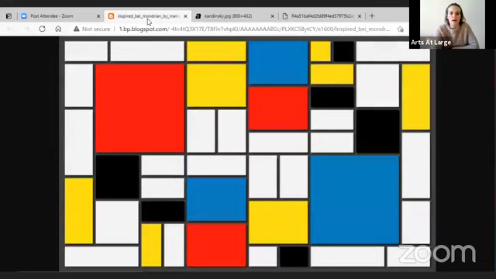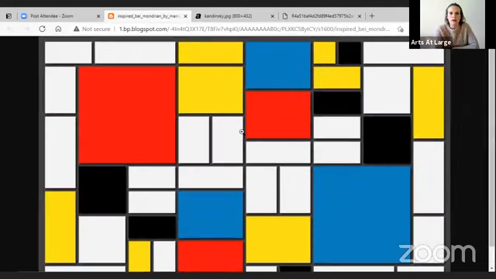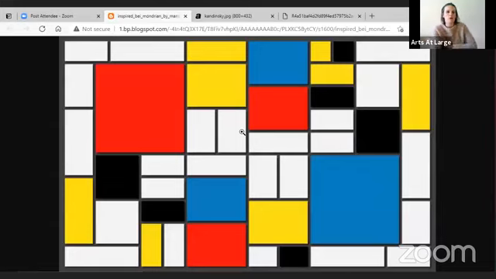And then the other one is Piet Mondrian. He does very clean stuff, and he uses a lot of primary colors like yellow, blue, and red, and then the white and black a lot too. So those are some artists who make geometric work.